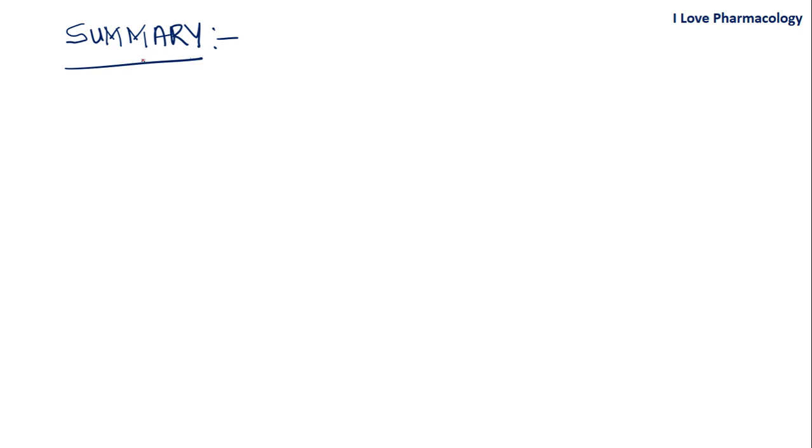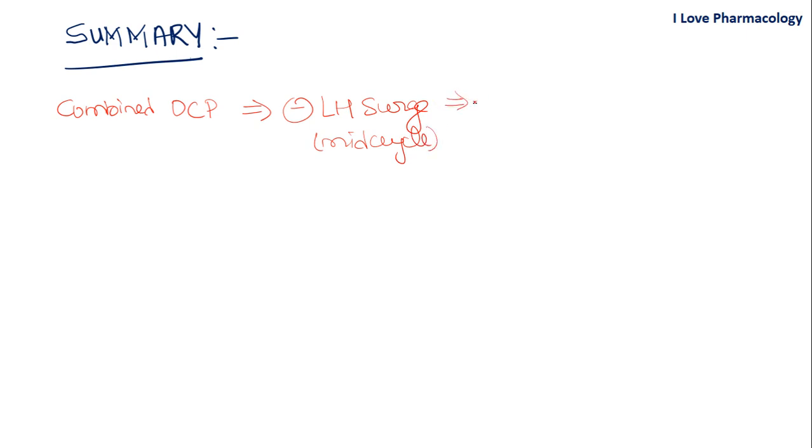So coming to the summary, the combined oral contraceptive pills mainly act by inhibiting the LH surge during mid-cycle, and it leads to inhibition of ovulation.